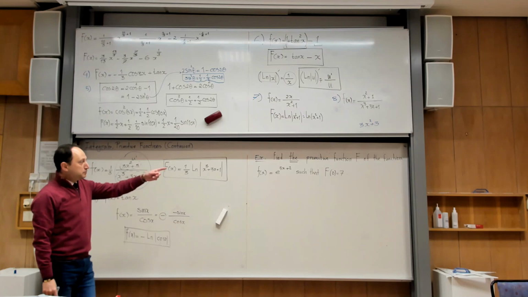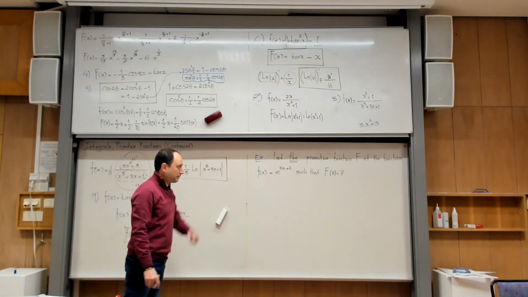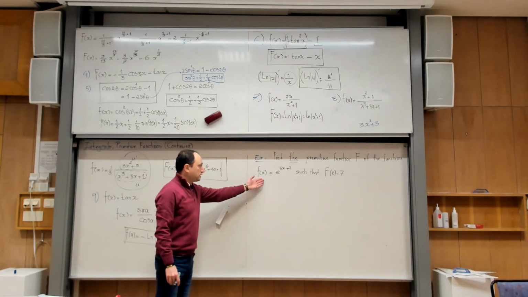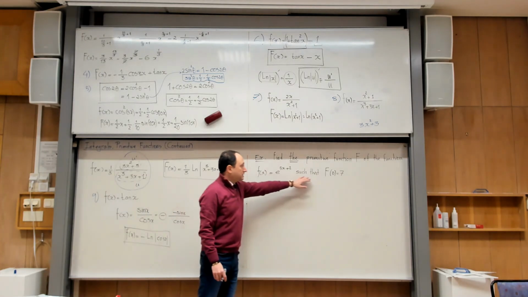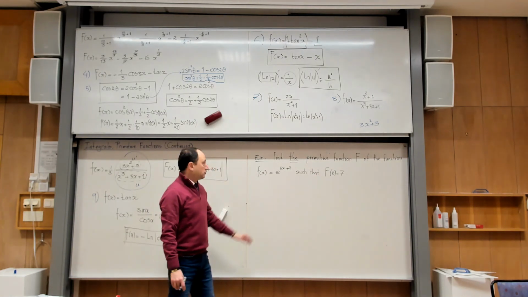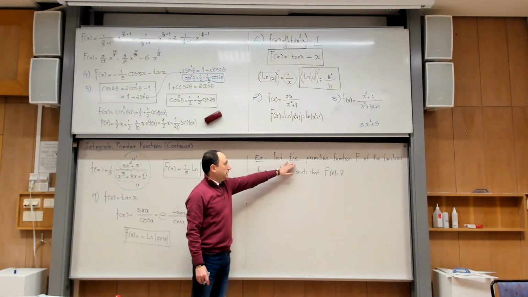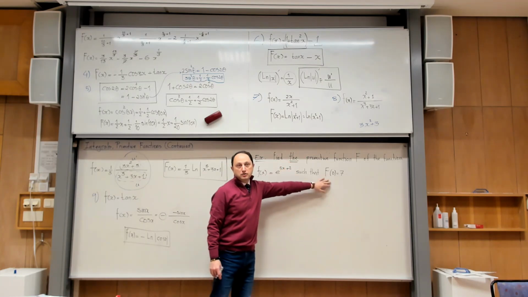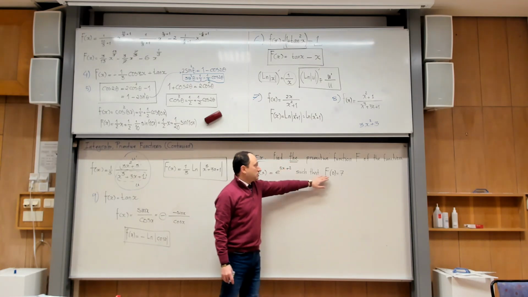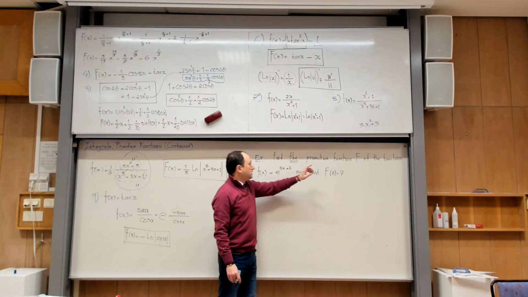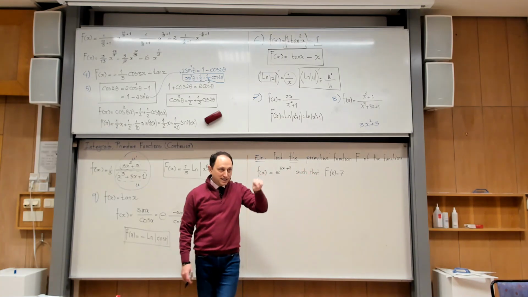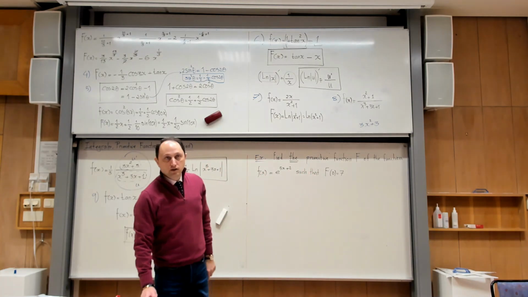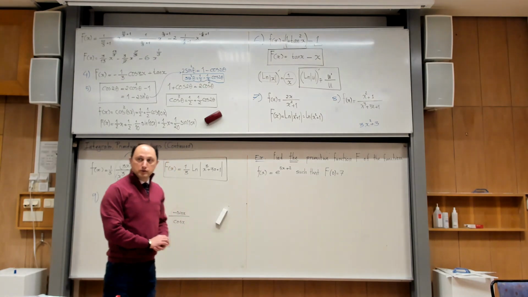Find the primitive function, which I call capital F, of this function, but such that f of 0 is 7. So whenever I use the article there, I have to give you an extra piece of information, and that extra piece of information is because you need to find the exact value of that integration constant c. That's the whole point of it.